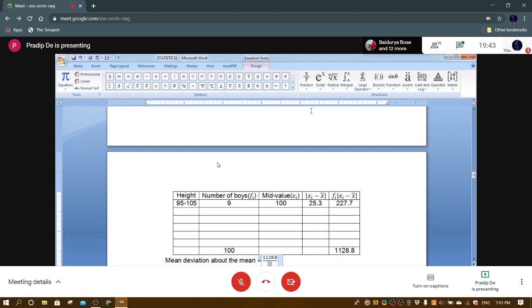If you are getting the same value, 11.28.